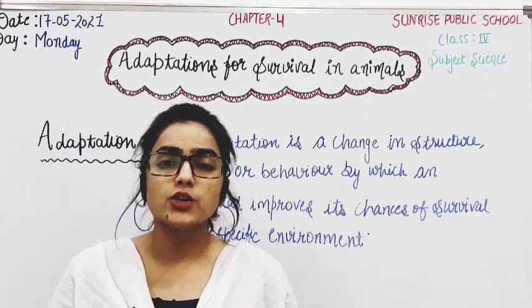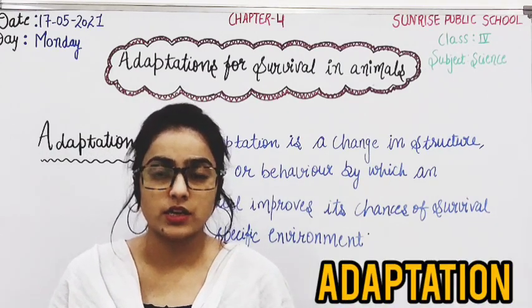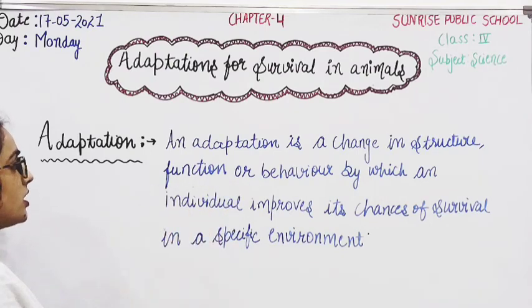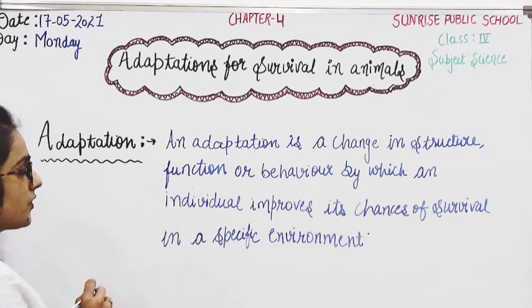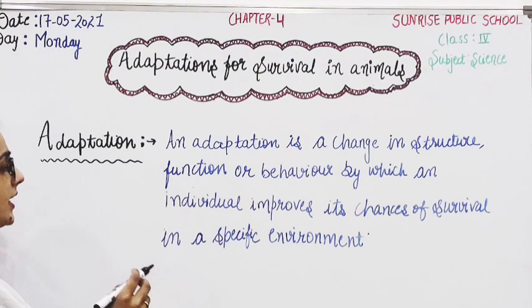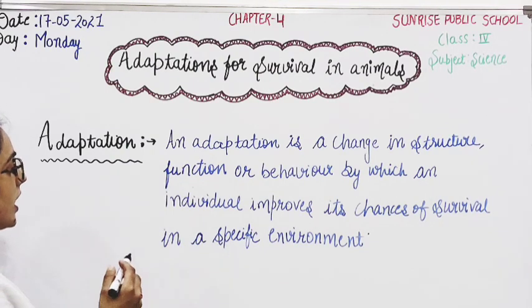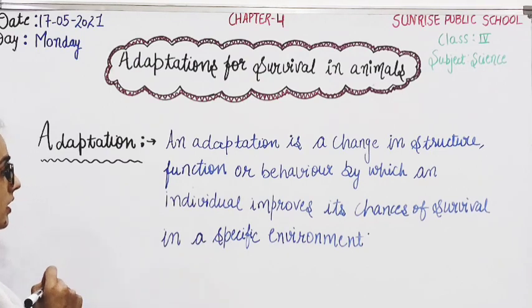First of all, you should know the meaning of adaptation. Adaptation is a change in structure, function or behavior by which an individual improves its chances of survival in a specific environment. I told you this definition in the 2nd chapter as well, on adaptation for survival in plants.